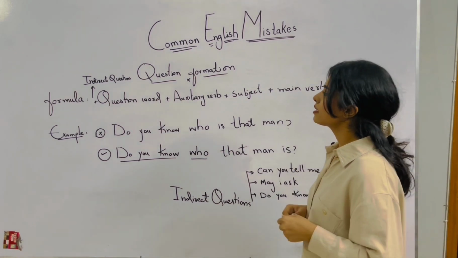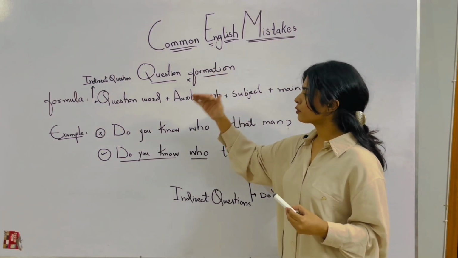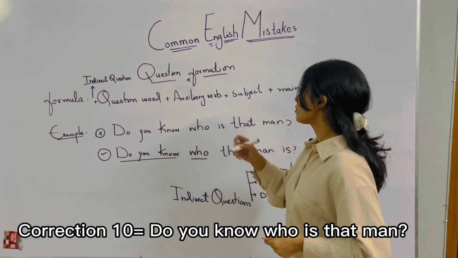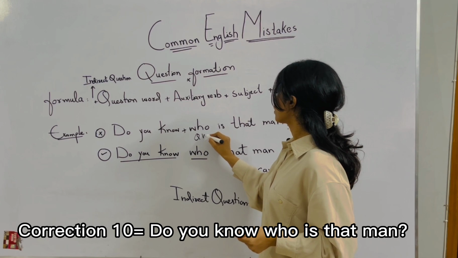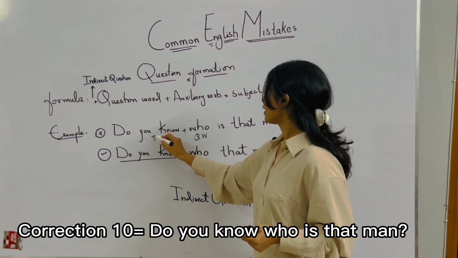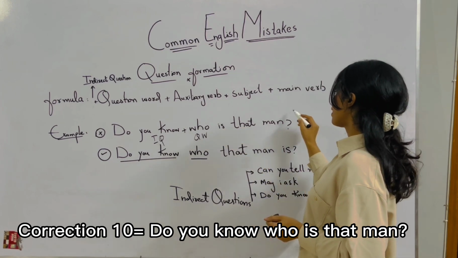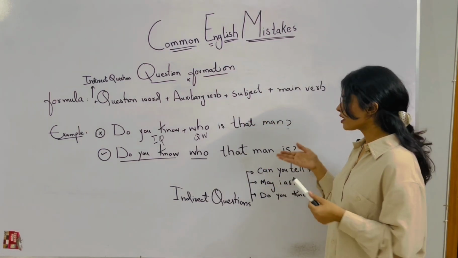So whenever our sentence starts with an indirect question, what will we do? We will write the indirect question first, and the question word second. So this is going to be like this: indirect question, question word. Do you know who is that man? Now normally that sentence sounds correct, who is that man?